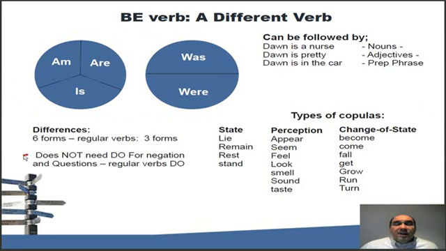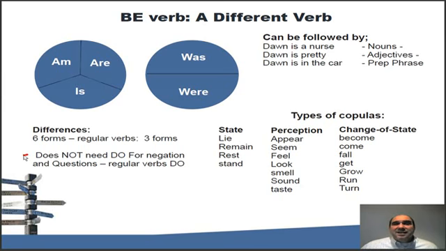Additionally, when you're making a negative sentence, normally you need do, right? I don't want to go. I don't drive easily. I don't talk easily. I don't play the piano, right? But with the be verb, I don't need do.